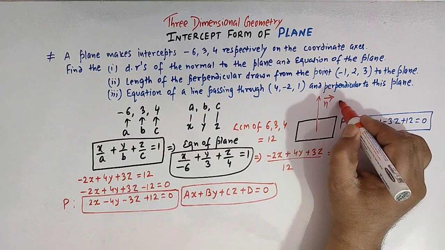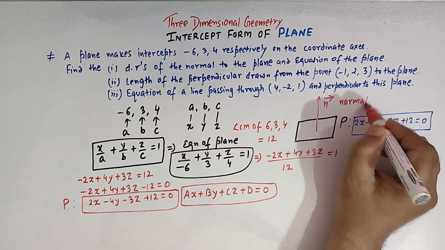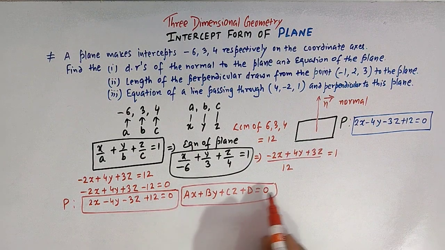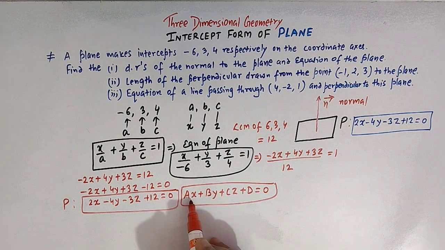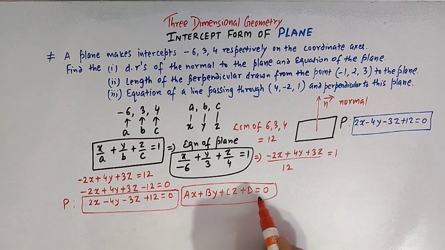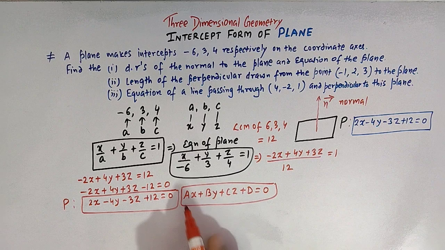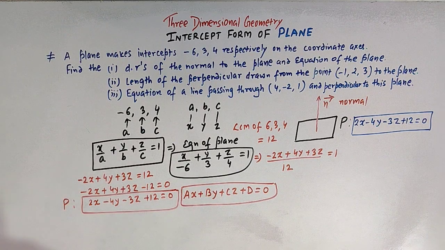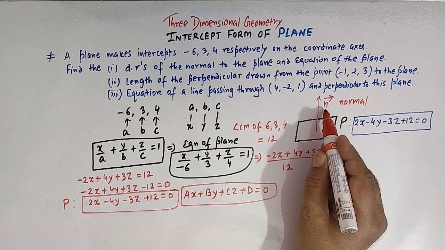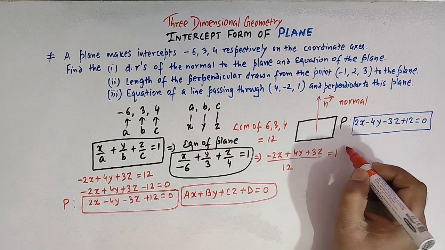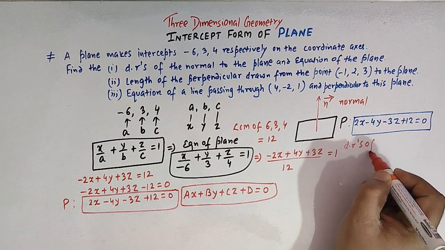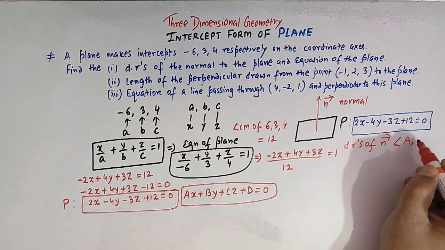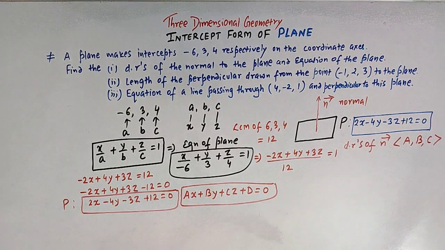So this vector is the normal to this plane P. And we know that if we have the equation of the plane in this form, that is ax plus by plus cz plus d is equal to 0, then the coefficients of x, y, and z represent the direction ratios of this normal vector. So the direction ratios of the normal vector are given by a, b, and c.